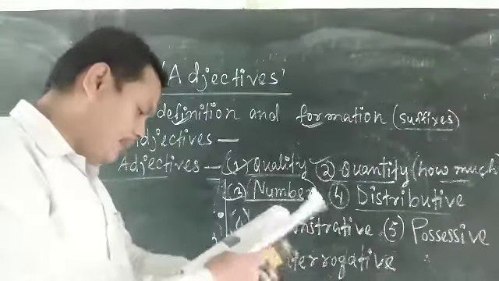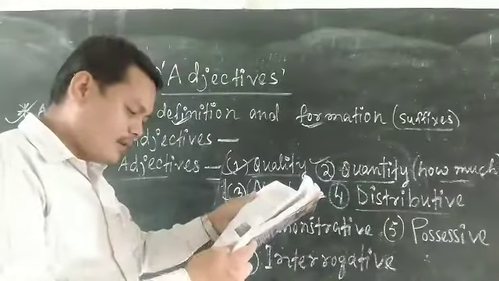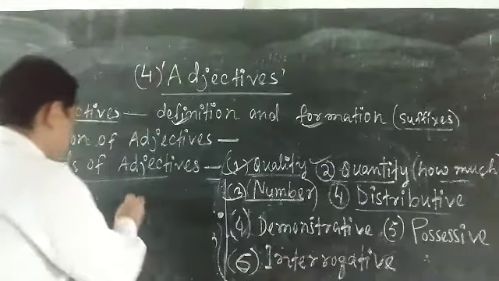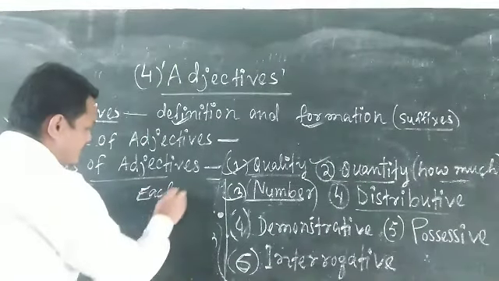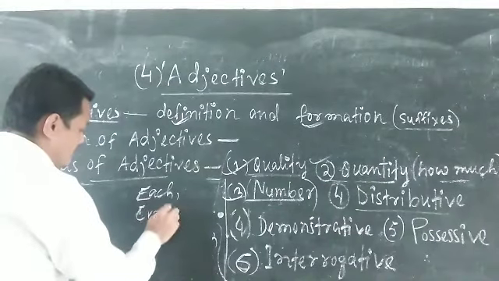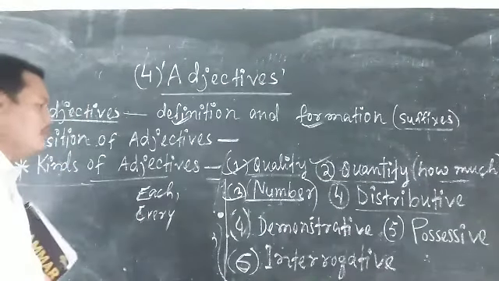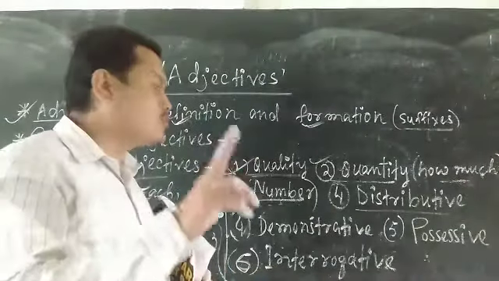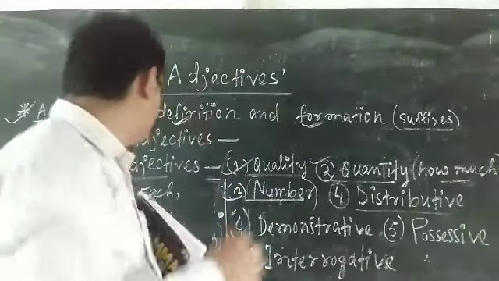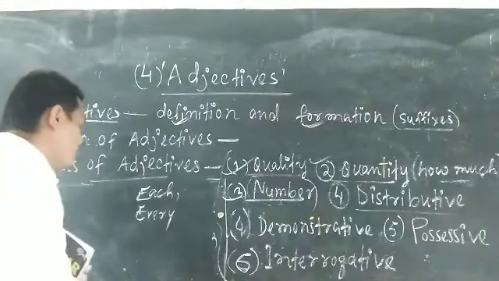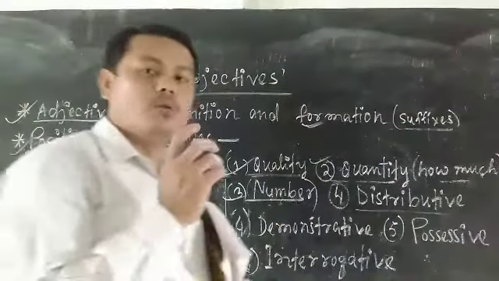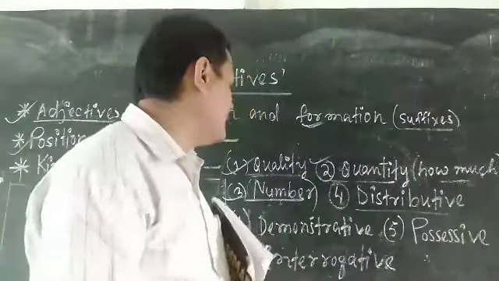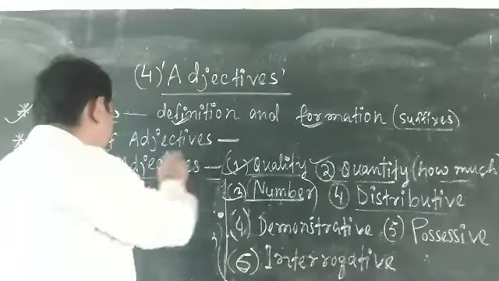For example, each, every. When we say each, that means in a group or between the two, we are referring to one by one. And every means in a group, we are referring to one by one separately. That seems to be distribution.